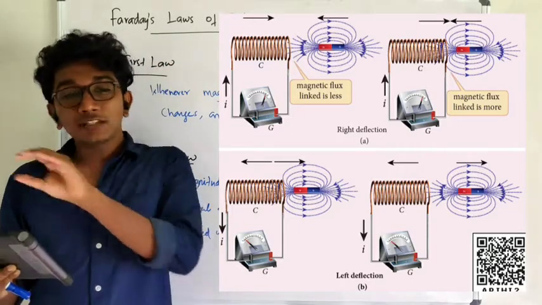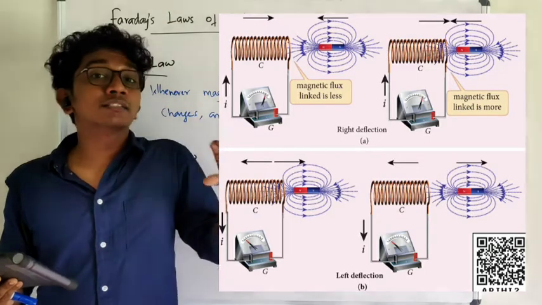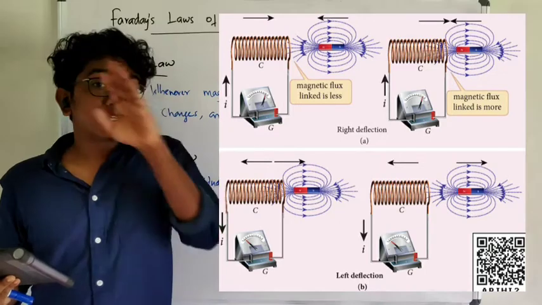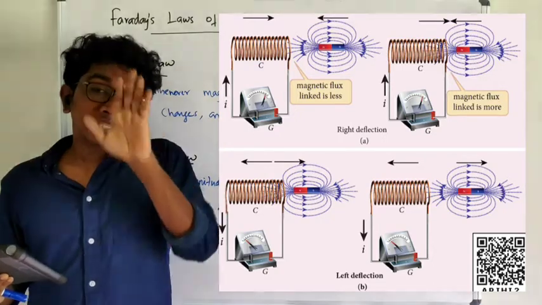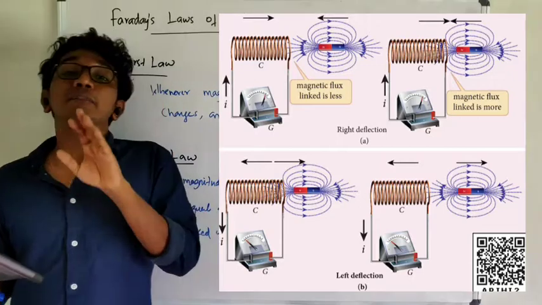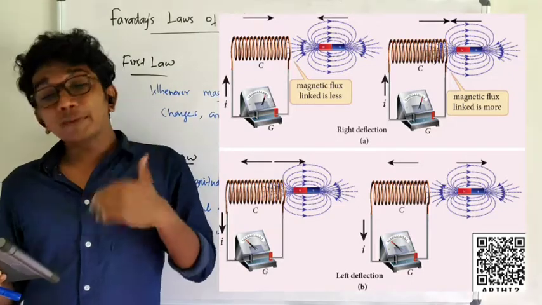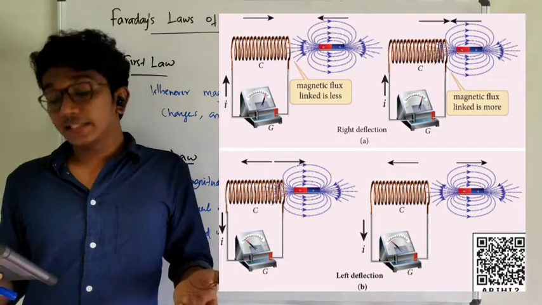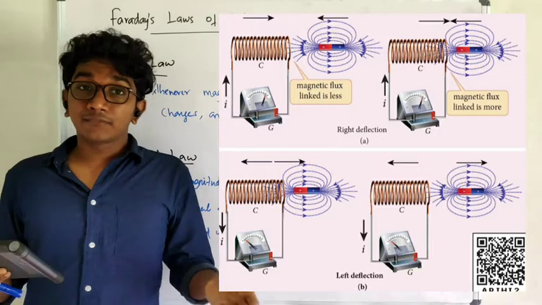When you move it inside, more flux will be linked with the coil. Look at this, when you move in this direction, more flux will be linked with the circuit, and in that case more deflection will happen. The second one, left deflection, is also the same, but in the opposite direction.